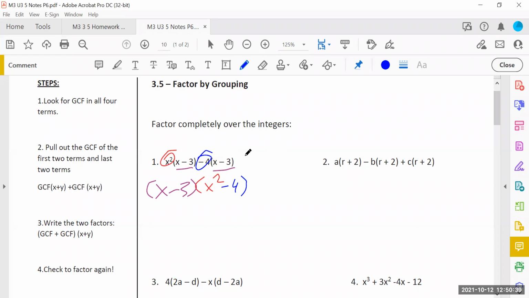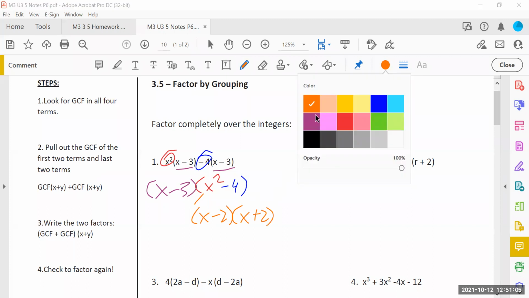This is more factored than originally, but can I factor it even more? What do we see that factors more? X squared minus 4 is a difference of squares. Does that make sense? Once again, we're going to get a ton of these. So that x squared minus 4 is going to factor one more time into x minus 2 and x plus 2.